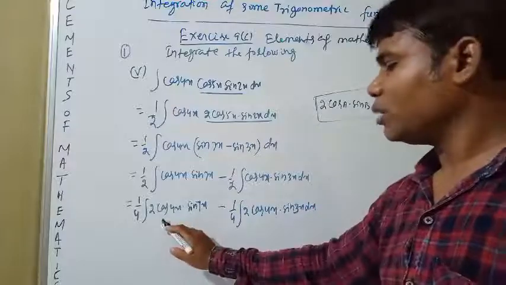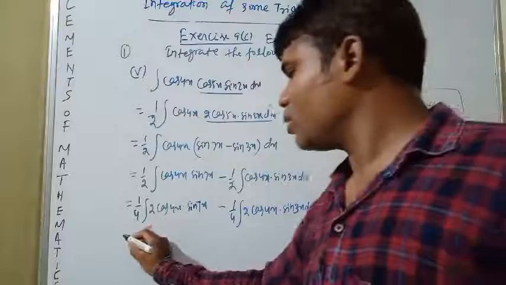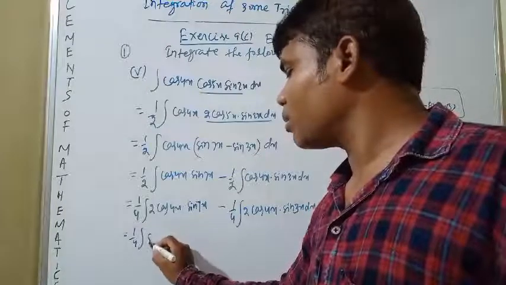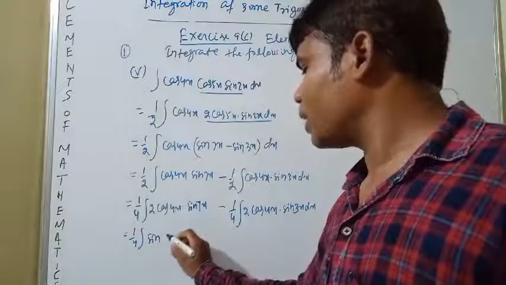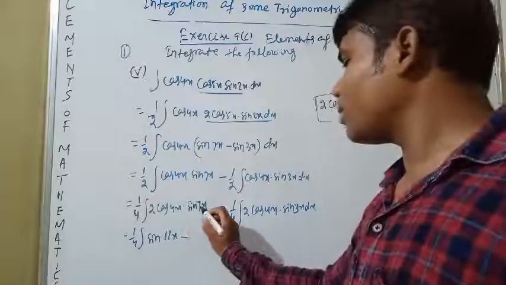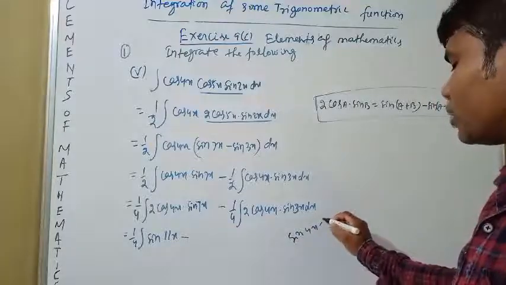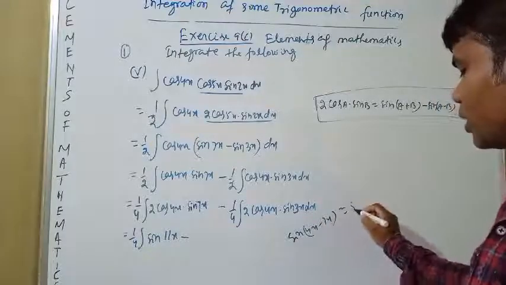Here sin(A plus B) is equal to 1 by 4 integration of sin(4x plus 7x), that is 11x, minus sin(4x minus 7x). Sin(4x minus 7x) is how much?